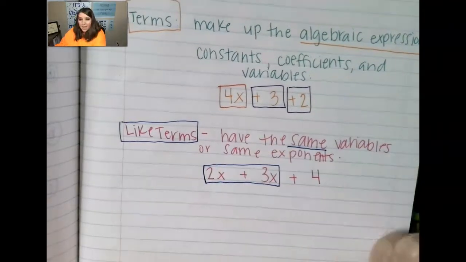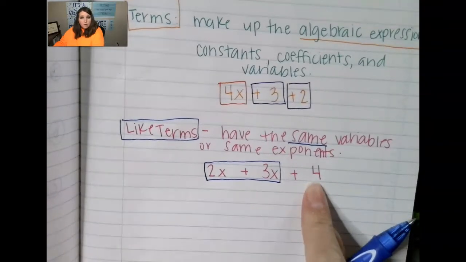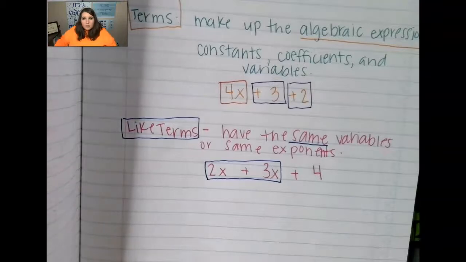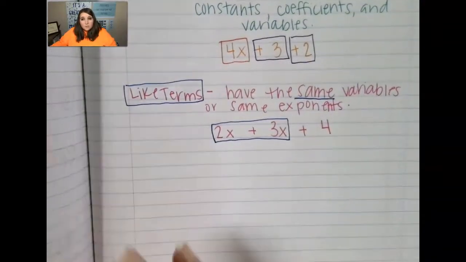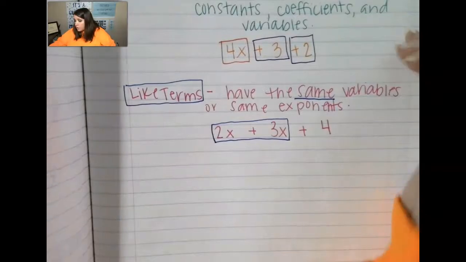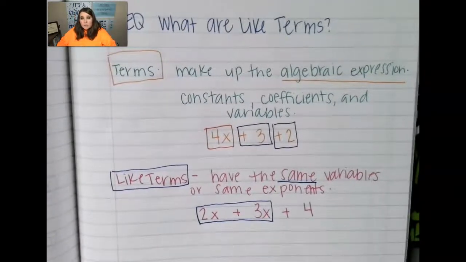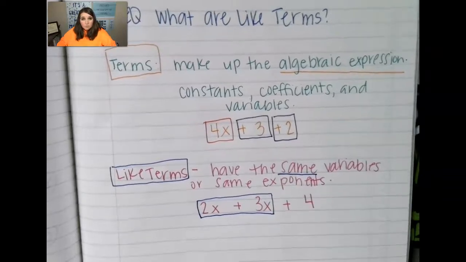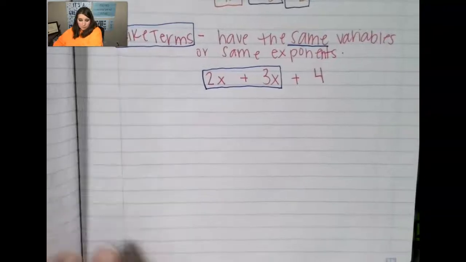They both have an x on them. This one doesn't have a match. There are no other constants here. So let's do an example of like terms and then go from there. So if you need to finish writing up either the terms or the like terms, go ahead and hit pause right now so you can finish your vocabulary. But we're going to move into our first example.